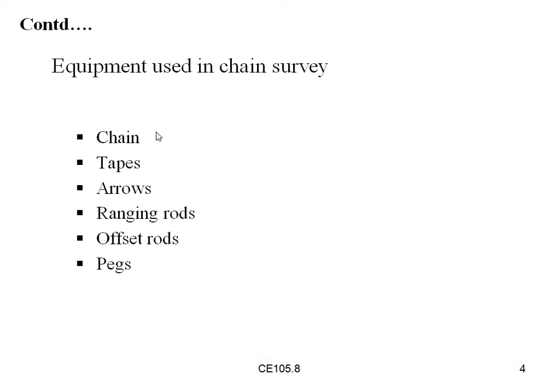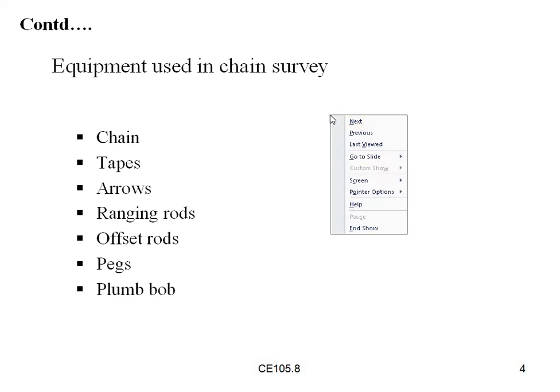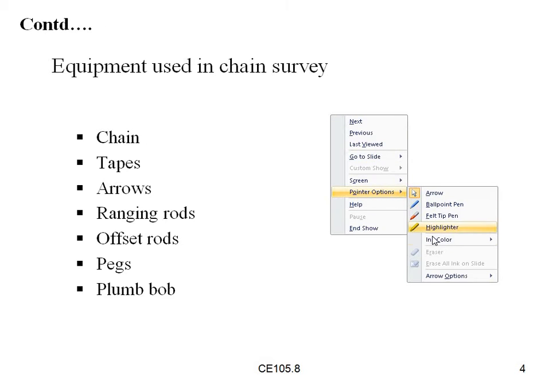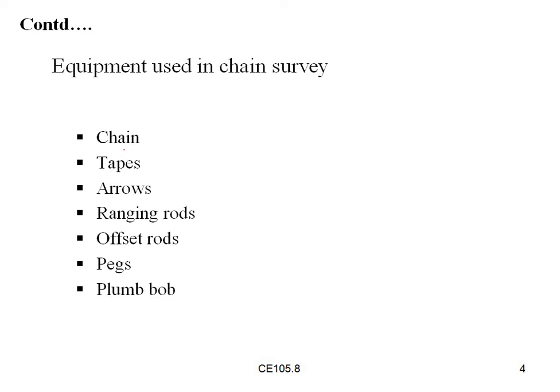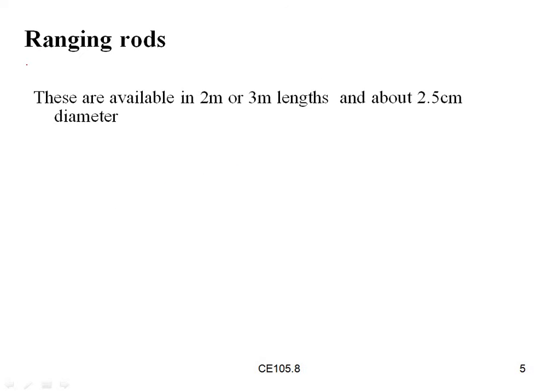Up to now we have seen the equipment used in chain surveying, that is chains and tapes. Chain is completed, tapes completed. Now let us see the arrows and ranging rods. What is a ranging rod?